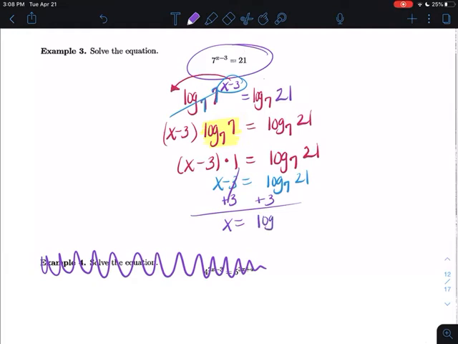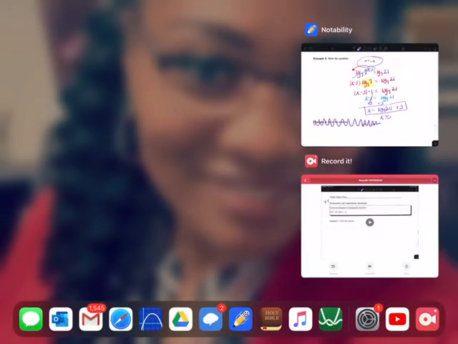You can't add 3 to the 21. That log base 7 of 21, I can even put parentheses around it, stays that way. And then I have that plus 3 at the end. So this is the answer. If I wanted to get an equivalent decimal approximation, I can put this in my calculator. So log base 7 of 21 plus 3.